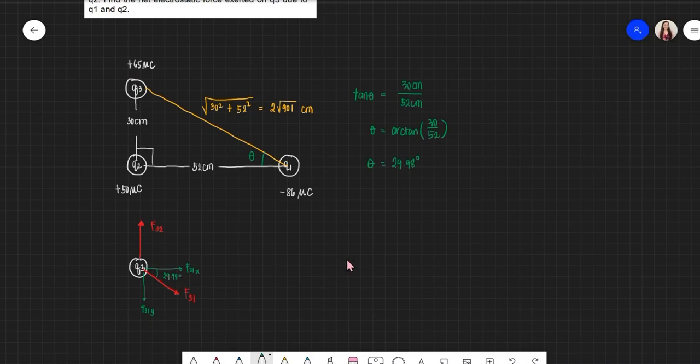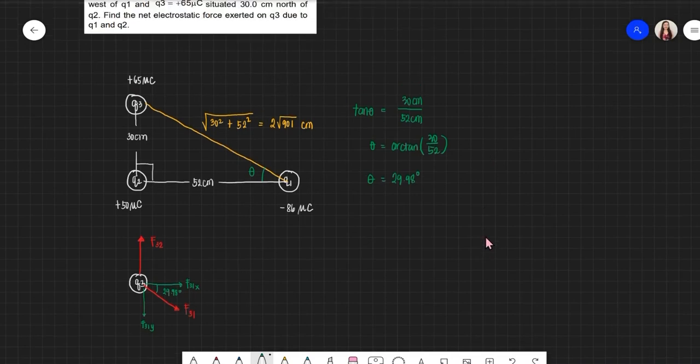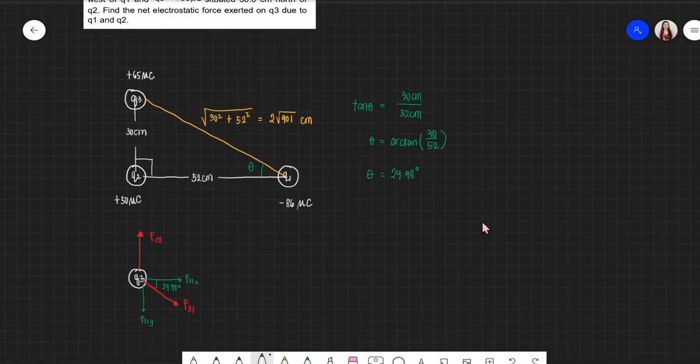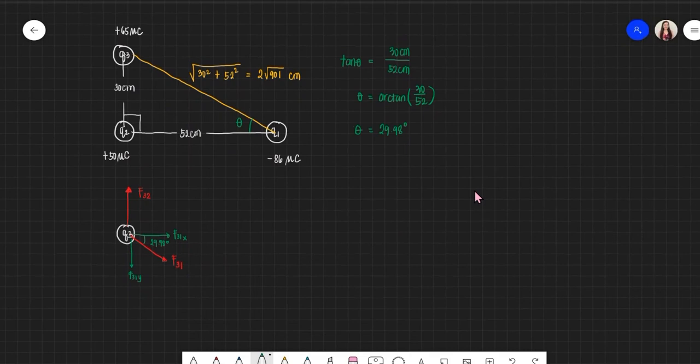So again, what are we looking for here? The net electrostatic force exerted on Q3 due to Q1 and Q2. So we are to find first the forces acting.